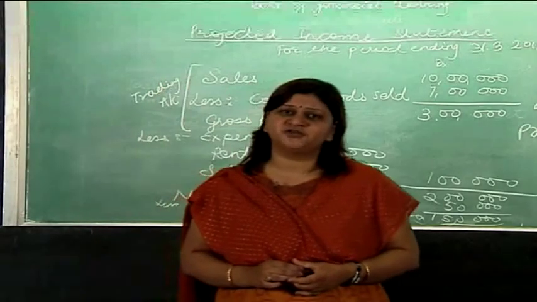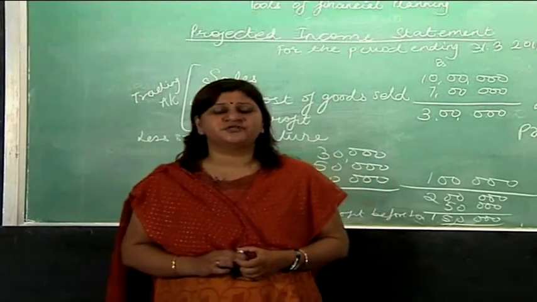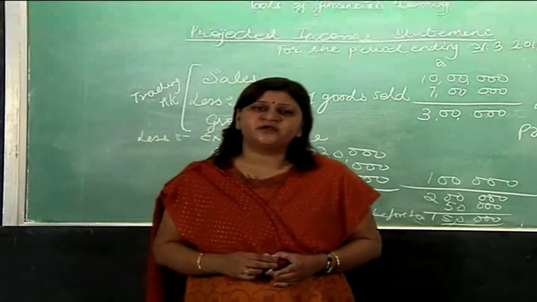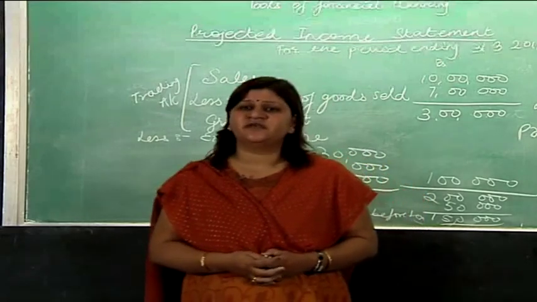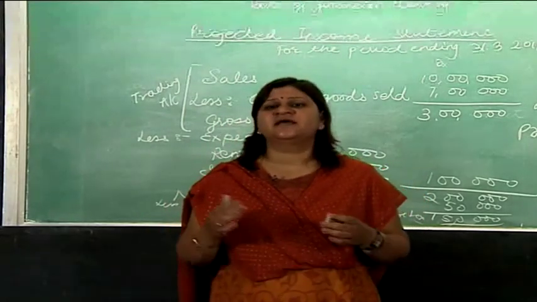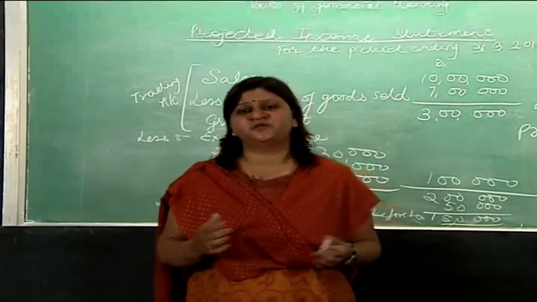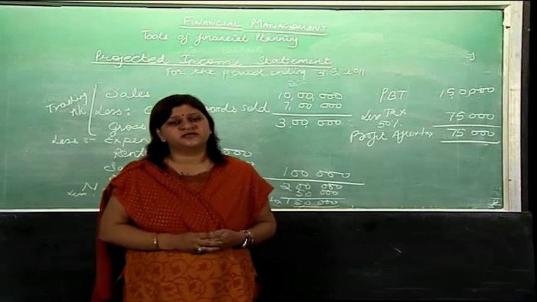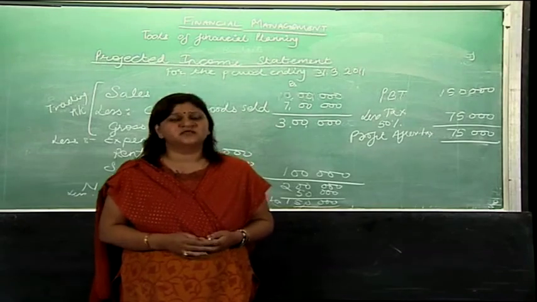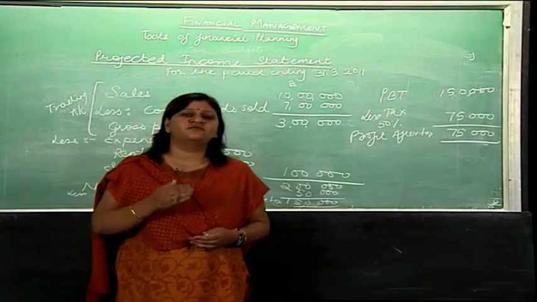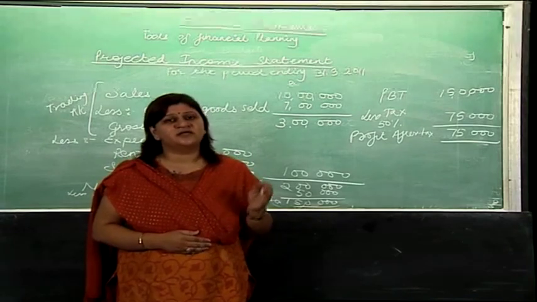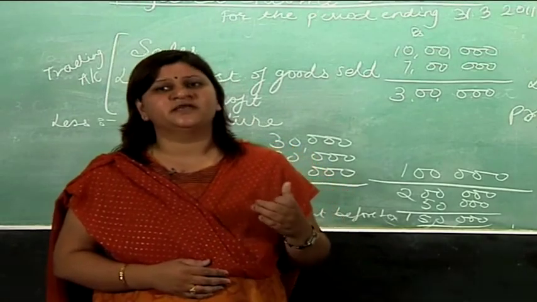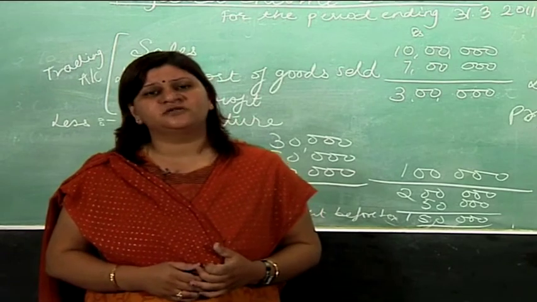Now, we are summing up our lecture of today. Today we have learned the method of computation of the cash budgets, where we have identified the period of the credit being allowed and the period of the credit being given to the debtors, so that we can ascertain the availability of the cash, that is collection of the cash is to be ascertained using a statement, then payment of the cash for the purchases or towards the suppliers is to be ascertained, then what is the mode of the payment of the expenses that we have taken into account, and then we have found out the cash balance as on a particular month available with us, and then we have computed all those informations in a specific format called cash budget for the budgeted period.